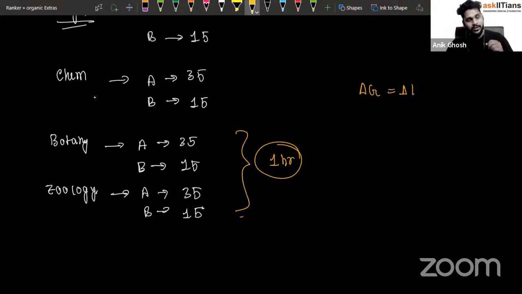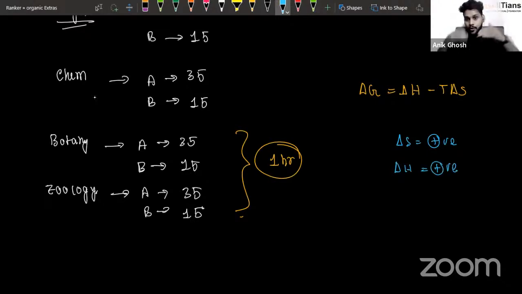So delta G equals delta H minus T delta S. Something like this. Simple question. If they say that delta S is positive and delta H is positive, then which of the following options is going to make it spontaneous?